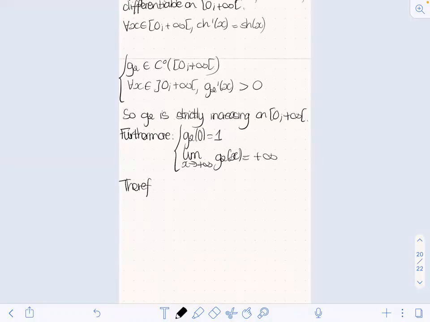Therefore, ch, or rather G2, is a bijection from 0 plus infinity to 1 plus infinity.